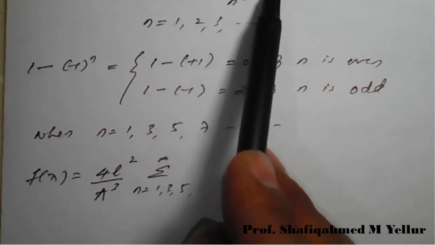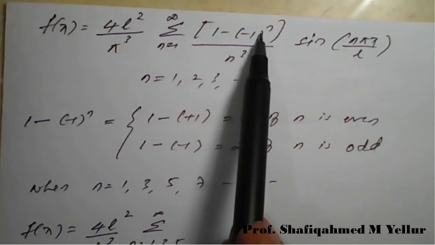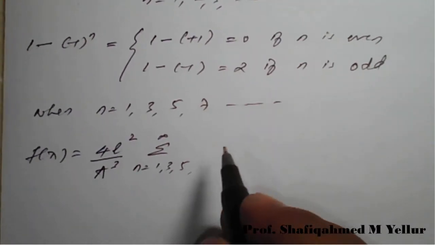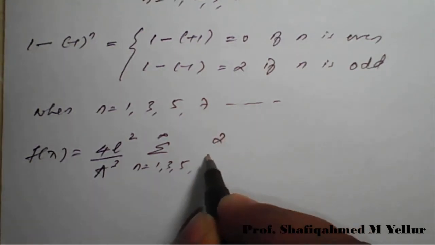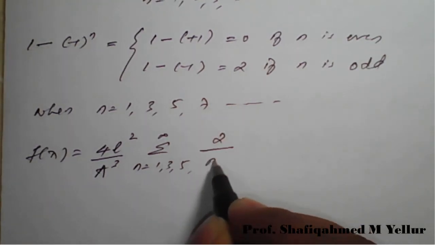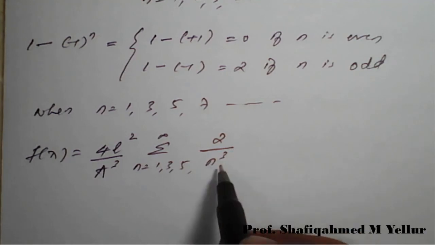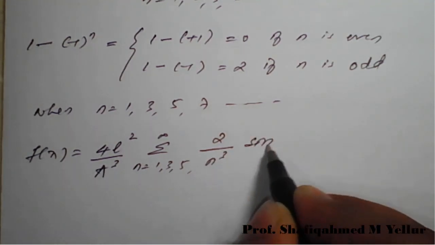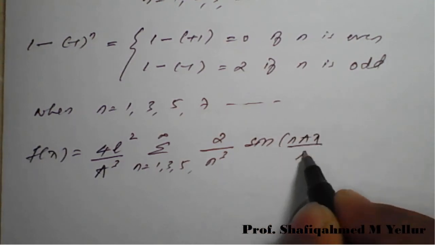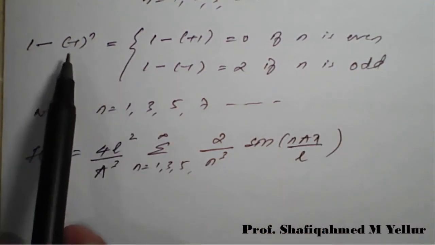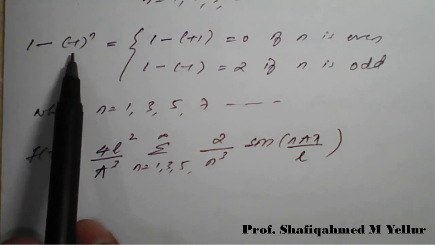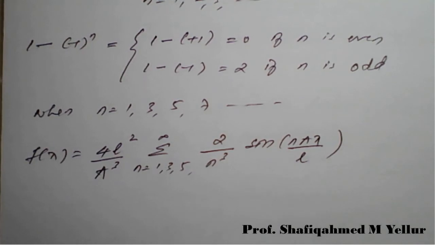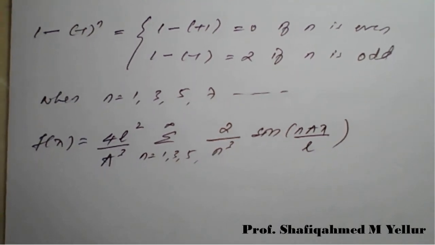So the above term is turning to 2, so I am writing that, that is 2 divided by n cube into sine of n pi x upon l. I have not applied the other values, just applied the value for 1 minus of minus 1 raised to n. Now we'll go for the final conclusion.